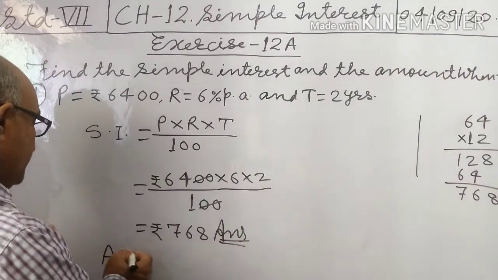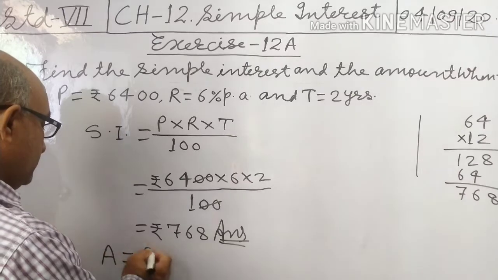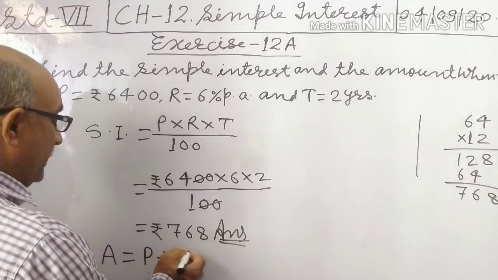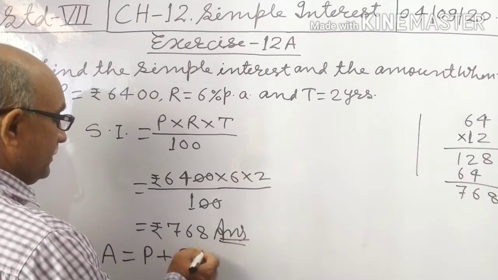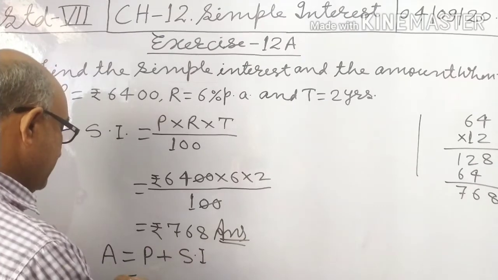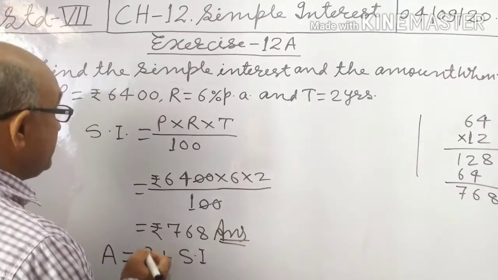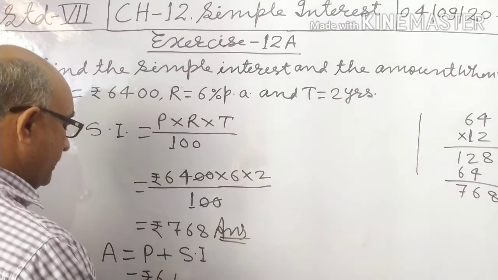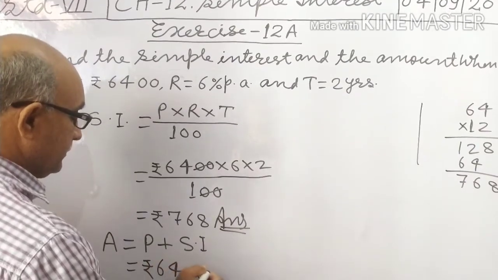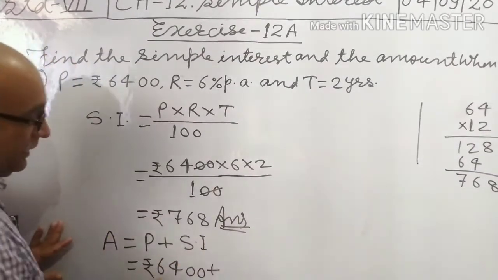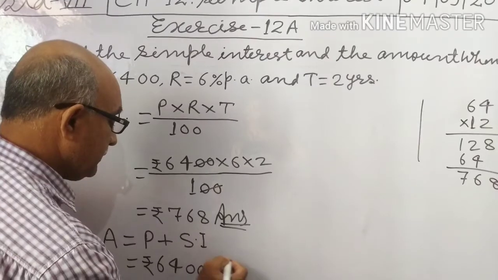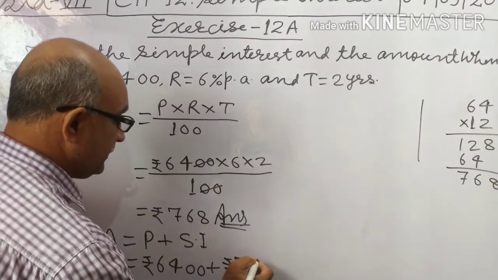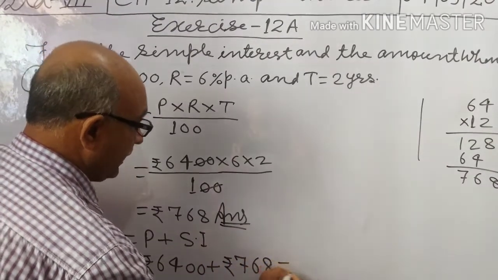And next answer is find the amount. So A equal to P plus SI. P equal to rupees 6,400 plus SI rupees 768.